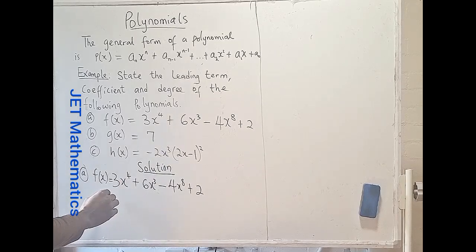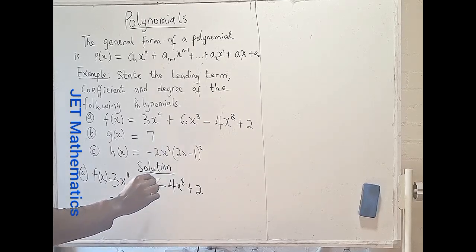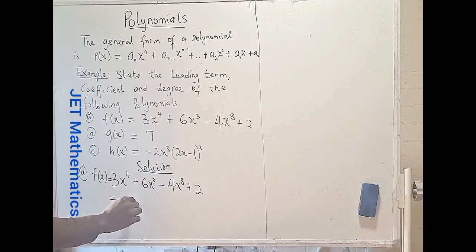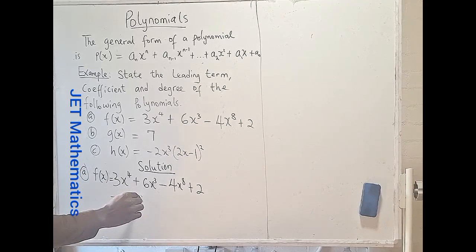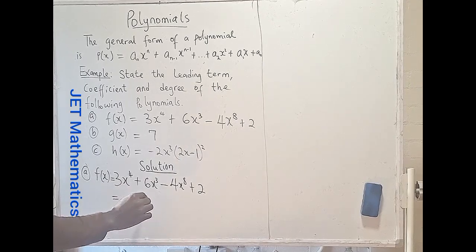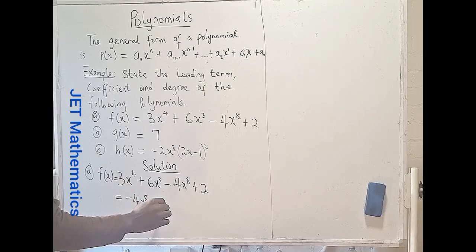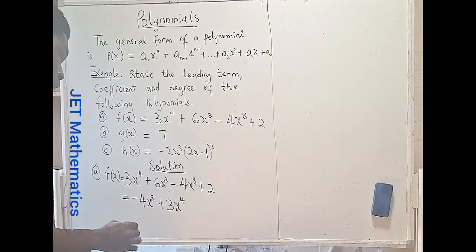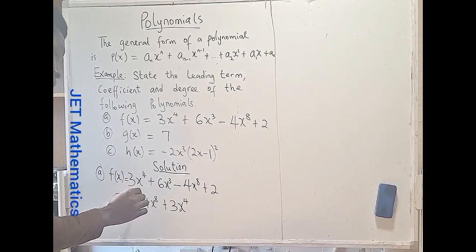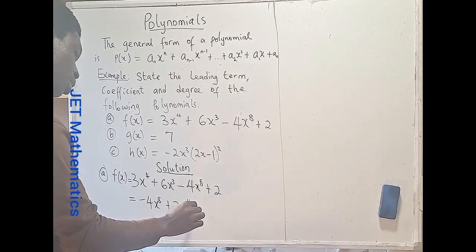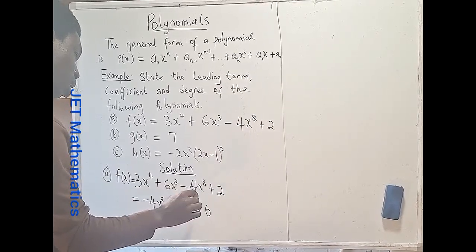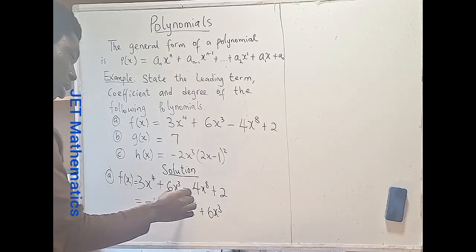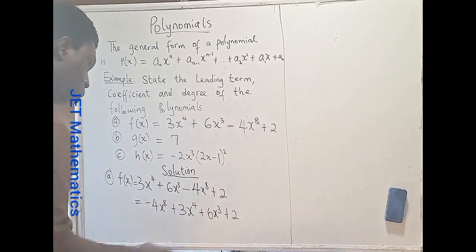If we rearrange this in order of power, we'll have minus 4x raised to the power of 8, and then the next power, which is 3x raised to the power of 4, and then plus 6x cubed, and lastly we have 2.